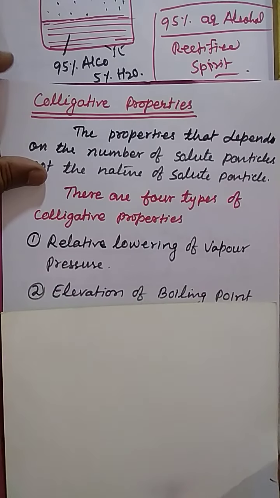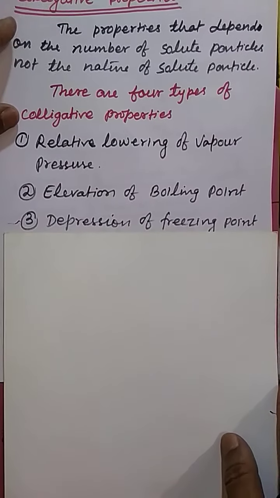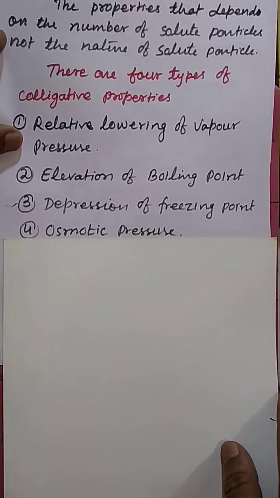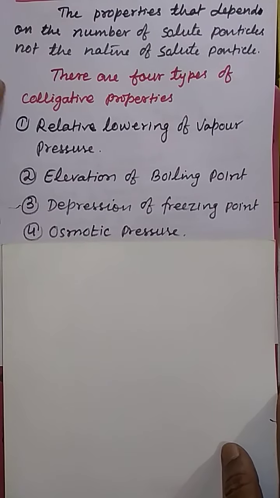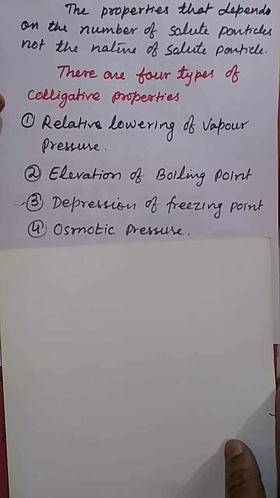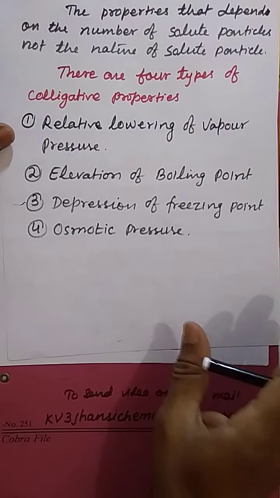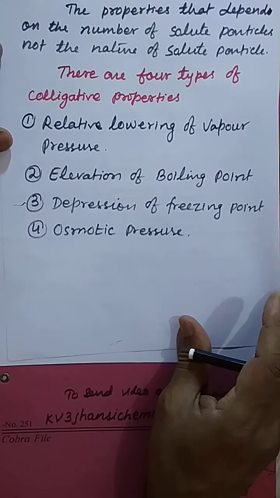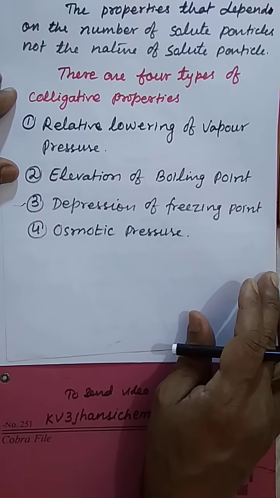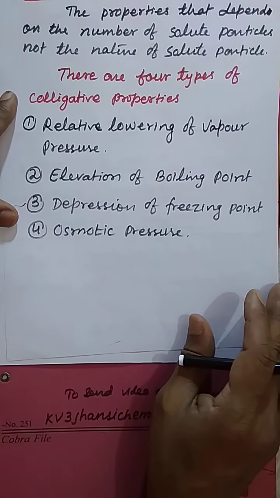Second one is elevation of boiling point. Third one is depression of freezing point. And fourth one is osmotic pressure. So friends, we will discuss one by one. So the properties that depend on the number of solute particles, that do not depend on the nature of the particles.